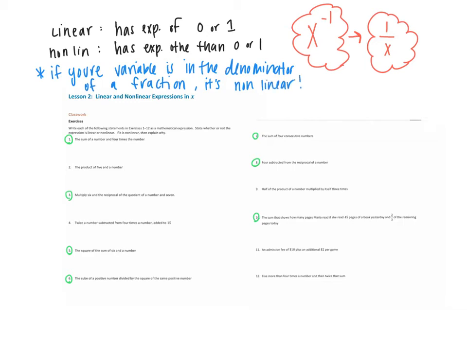Okay, there's a few times when the way that the expressions simplify cause it to be linear, and we'll get to those. But for the most part, if your variable is in the denominator, then it's nonlinear.